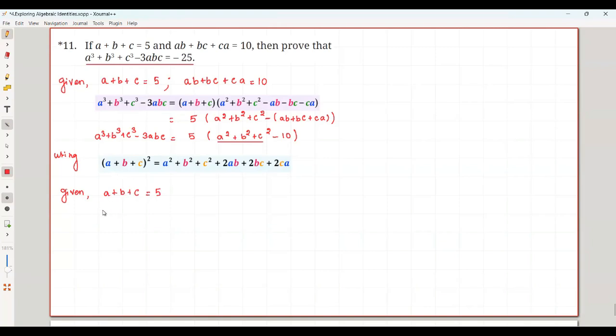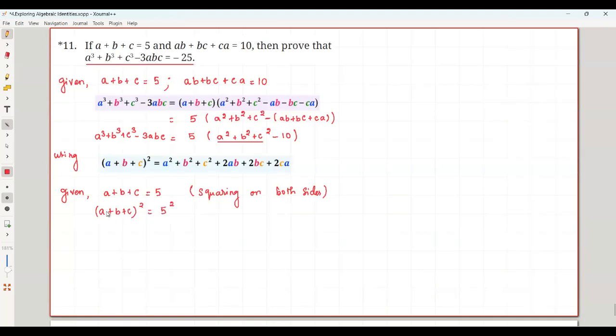Now just take the square on both the sides. If we square both the sides, we will be getting a plus b plus c the whole square is equal to 5 square.